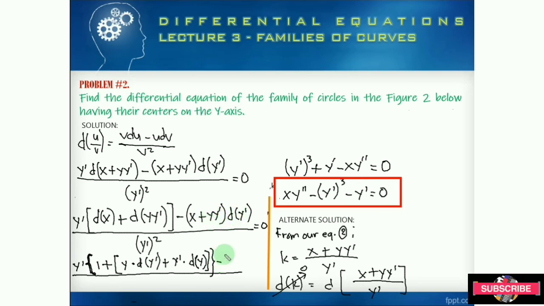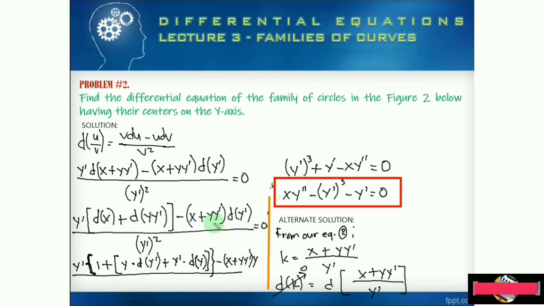So here we can simplify this one. x plus y prime times the derivative of your y prime is your y. Okay, so I think we don't have enough space.